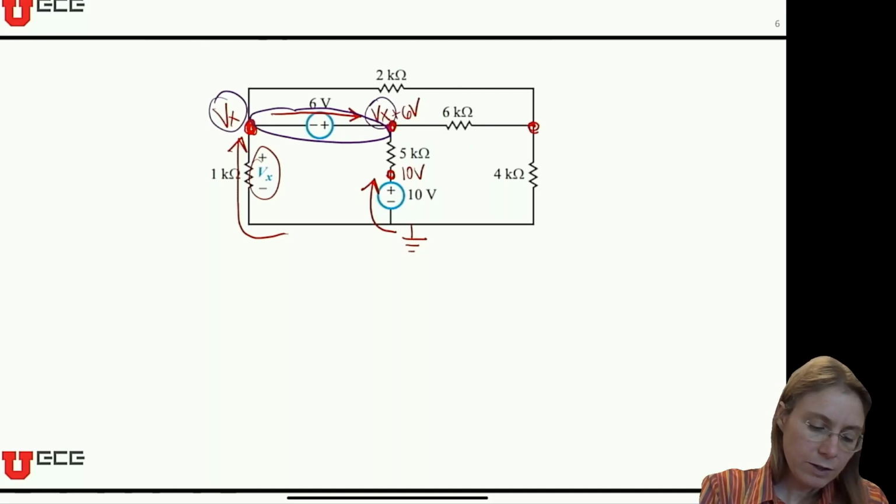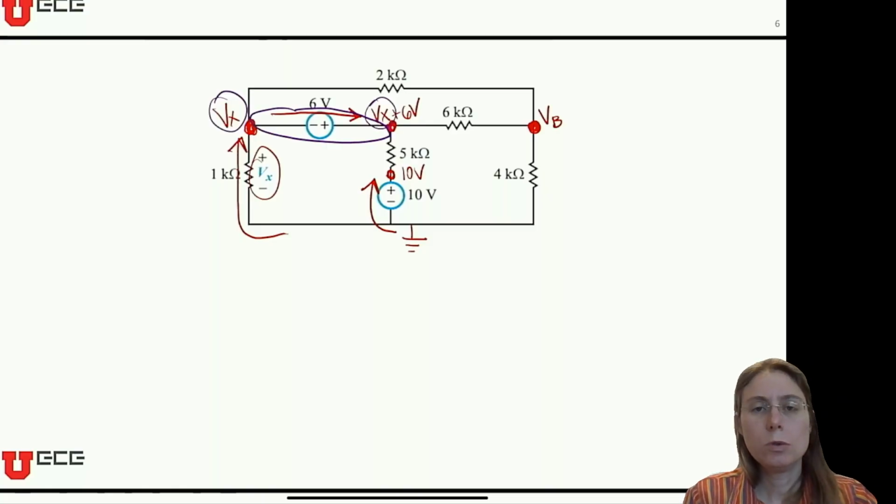And then finally, we have this node over here, and I don't know what that one is. So I'll name that one VB, I guess. So in this case, we have two unknown nodal voltages, and we've circled a supernode that we're going to need to solve for this circuit.